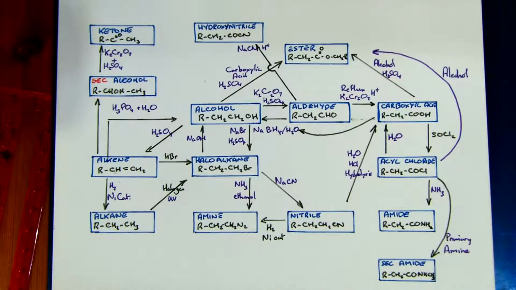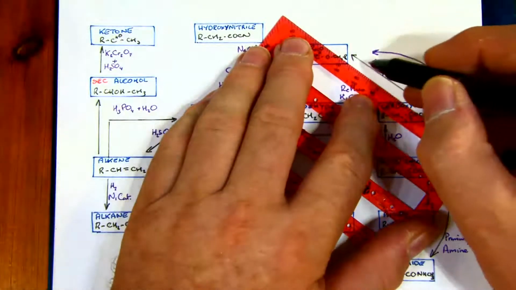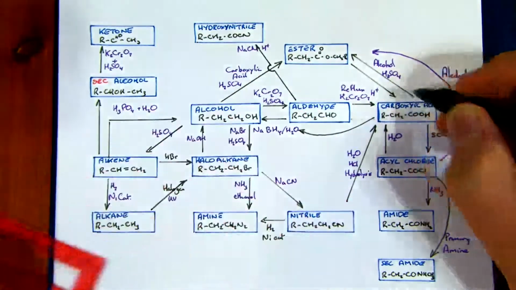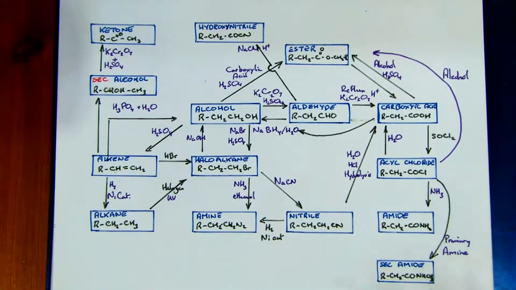So what have I forgotten? Yeah, I can also turn my ester into something else. I've got my ester. I'm looking at that one and deciding I can turn an ester into a carboxylic acid.